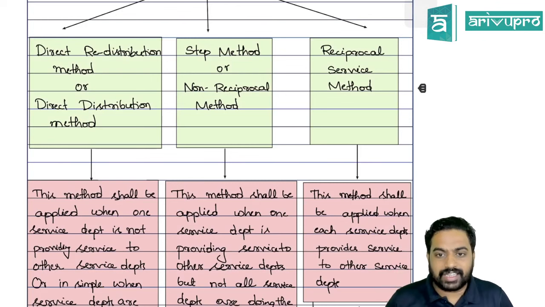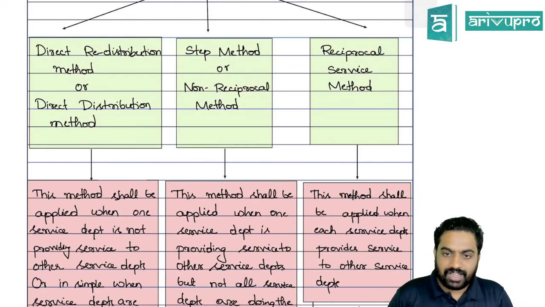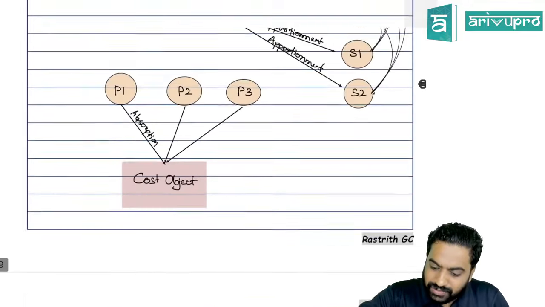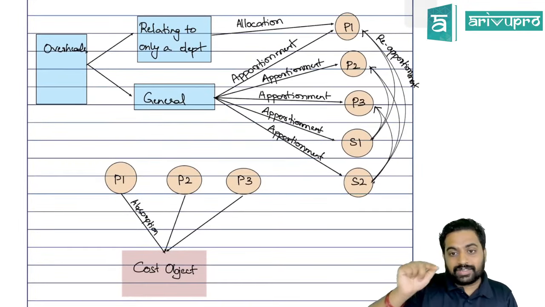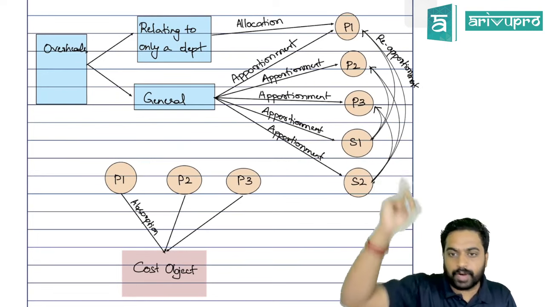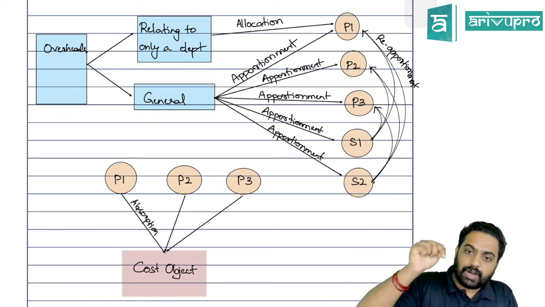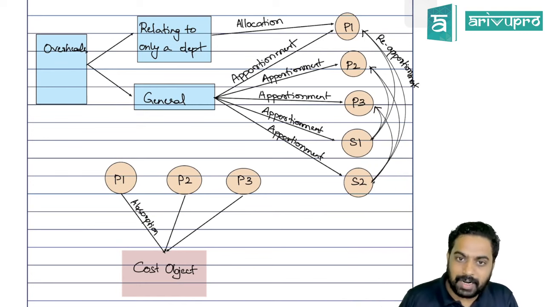Next is the step method or non-reciprocal method. This is used when one service department provides service to the other service department and the production departments, but the other service department provides service only to the production departments.